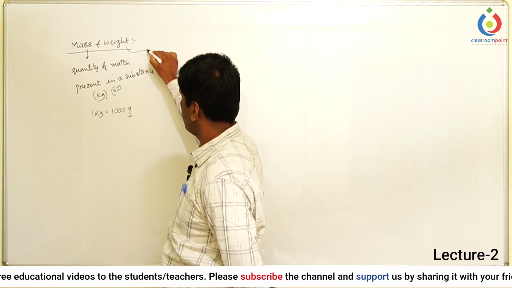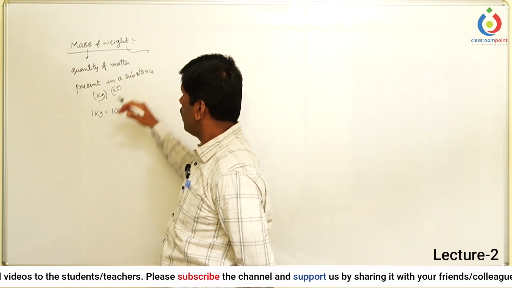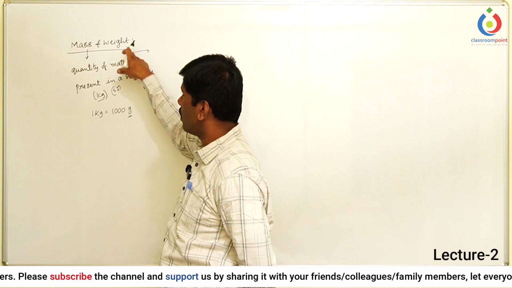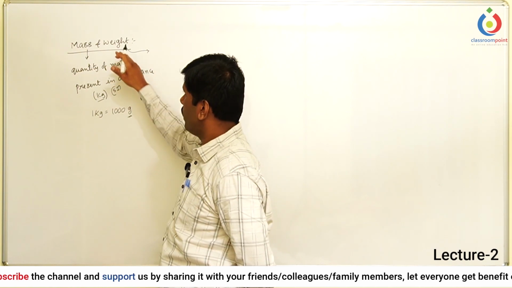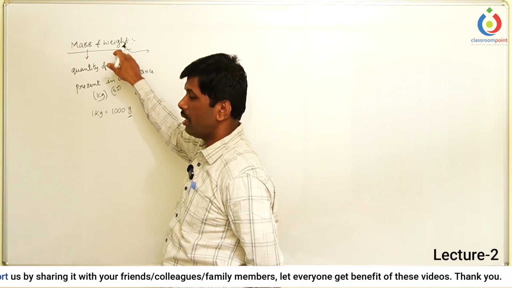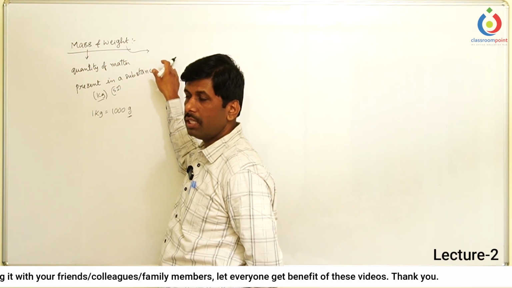Then what is weight? Weight is nothing but the gravitational force exerted on a substance. So when the place changes, gravitational force also changes, and automatically the weight of the substance also changes.